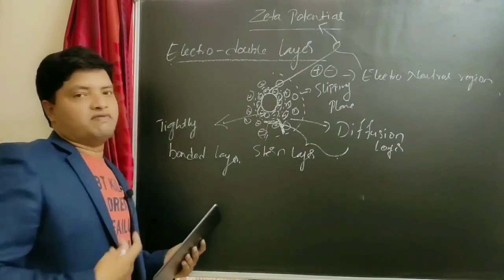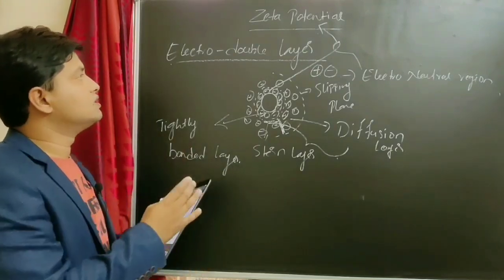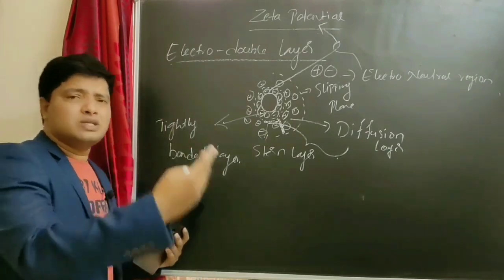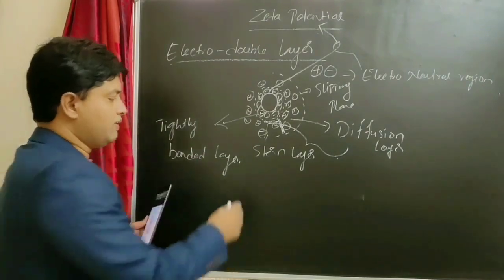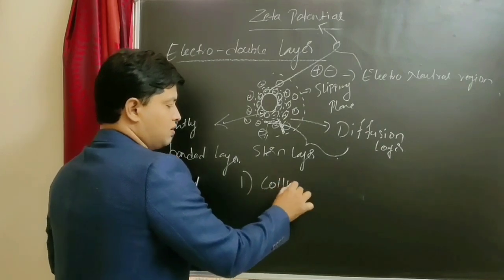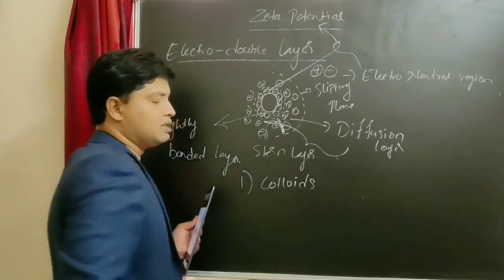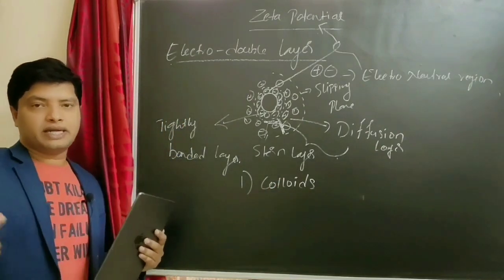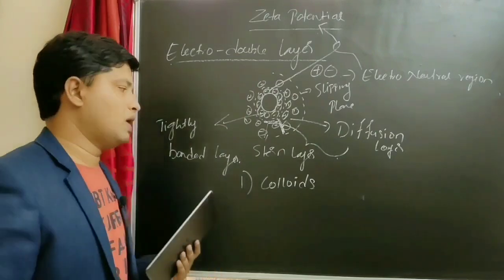Okay, what is the use of this? So you know what zeta potential is, what the electrical double layer is. What is the use of this? One use is colloids. What are colloids? Any particles which are in the nano range we call colloids.